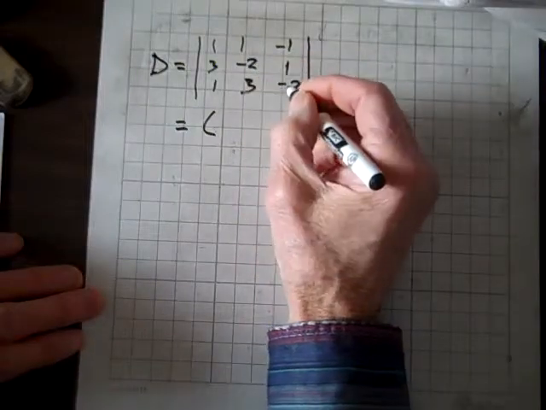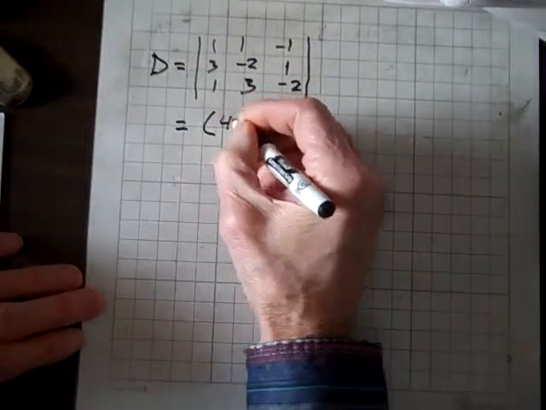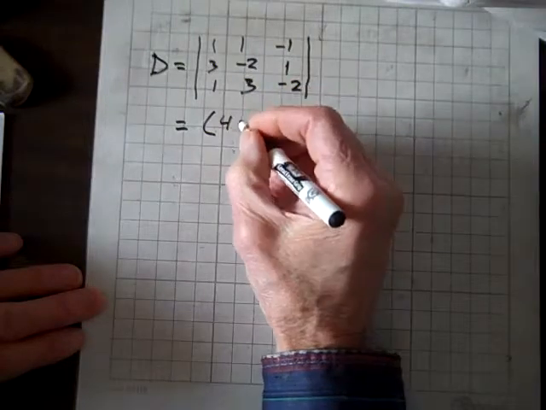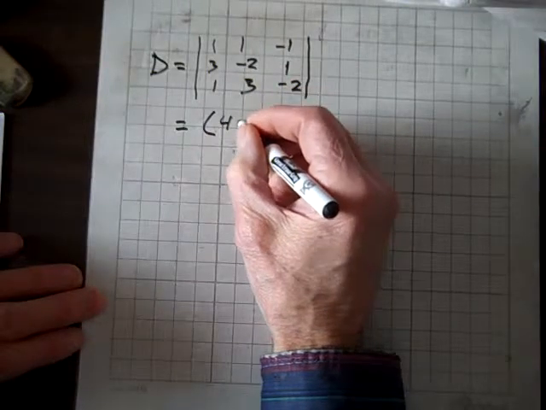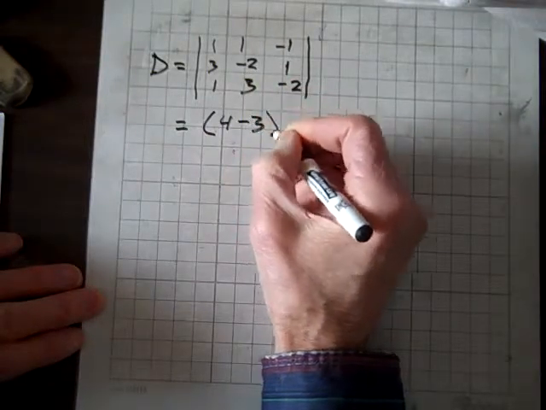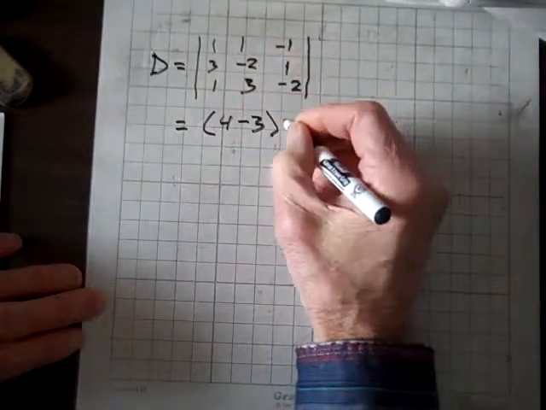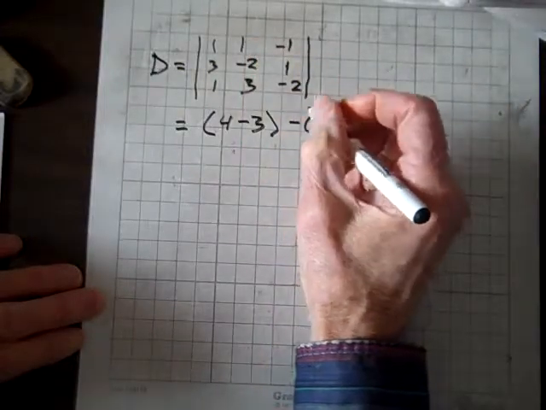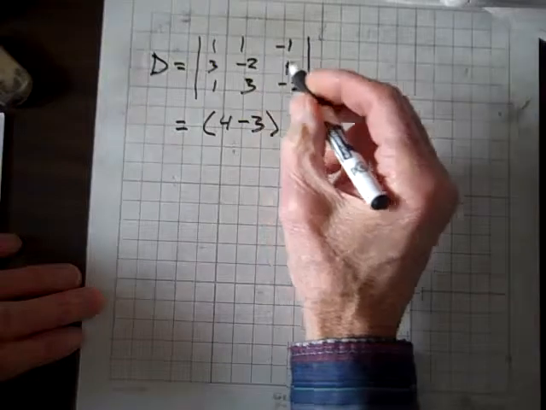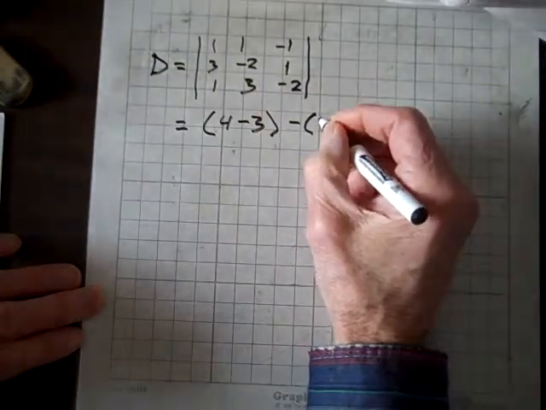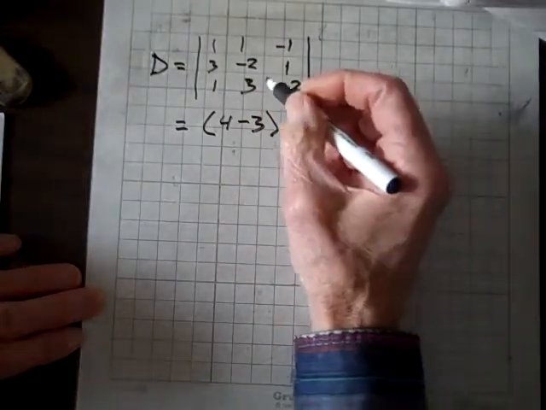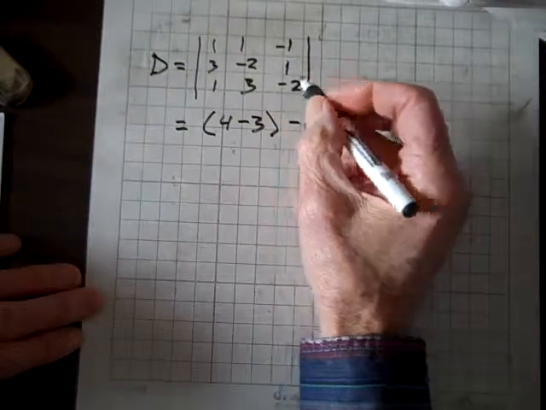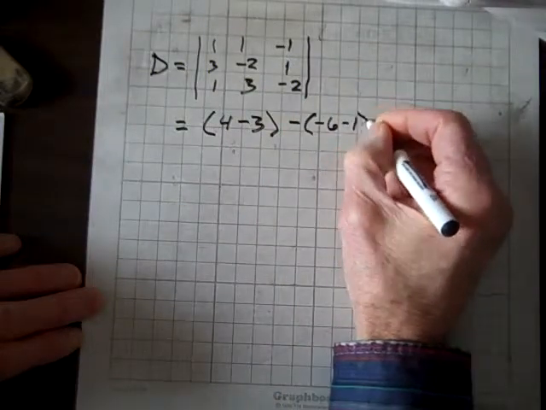So we have negative 2 times negative 2 is 4, minus the product of 3 and 1, which is 3. And now minus 3 times, and the product of negative 2 and 3 is negative 6, and minus the product of 1 and 1, which is negative 1.